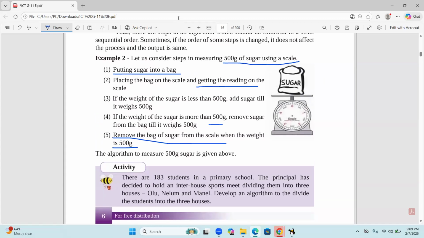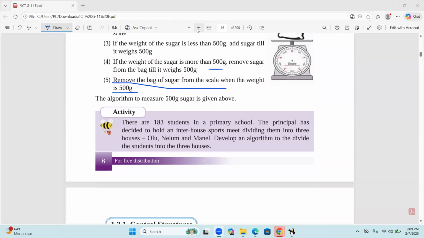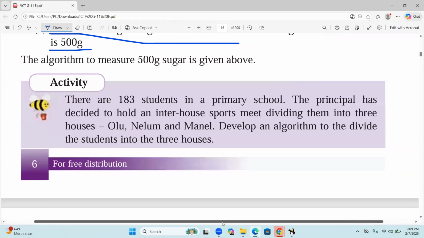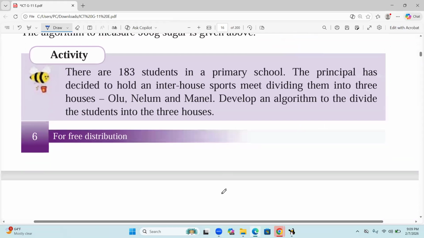Yes, sir. Right. So there is an activity. There are 183 students in a primary school. The principal has decided to hold an inter-house sports meet, dividing them into 3 houses: Olu, Nelum, and Mal.